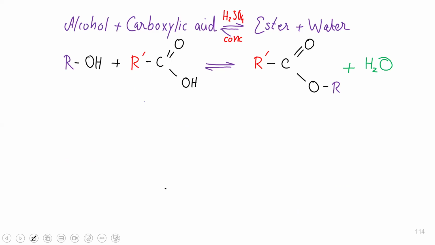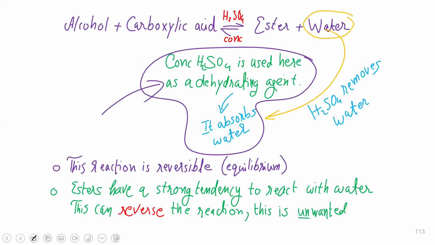There are two R primes because one may be CH3, so maybe the other one is C2H5. It is not necessary that they both are the same. We're done. Okay. Now you have to copy this box also. Concentrated H2SO4 is used as a dehydrating agent. Only the arrow box.